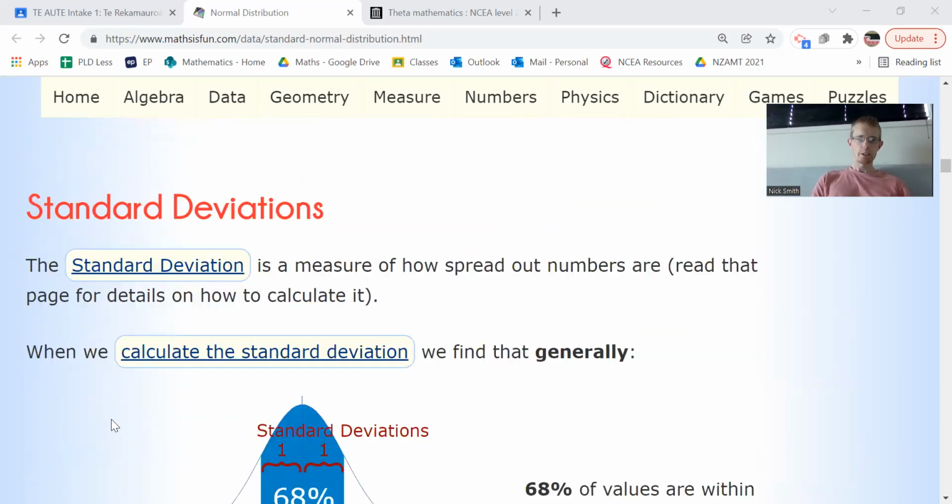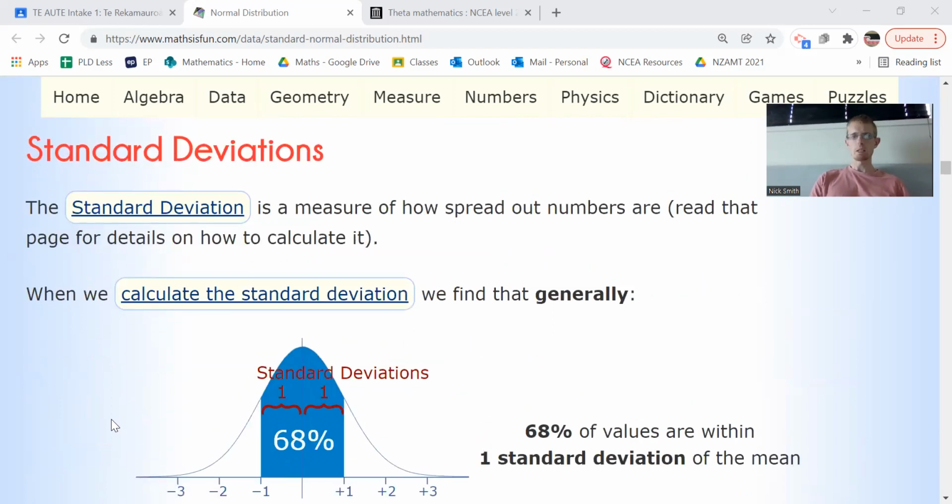Now, the other number that we need to know about besides the mean is the standard deviation. And the standard deviation is a measurement that tells us how spread out our numbers or our people, our animals are on the graph. How widely spread does the graph go?